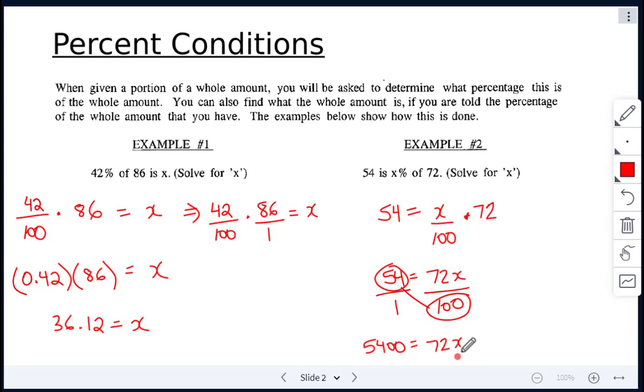Lastly, we're still trying to solve for X, so divide by 72 on both sides. 72 divided by 72 will just give me X. And 5400 divided by 72, putting that in my calculator, gives me 75. So therefore, it's 75%. So 54 is X percent of 72. It's 75%.